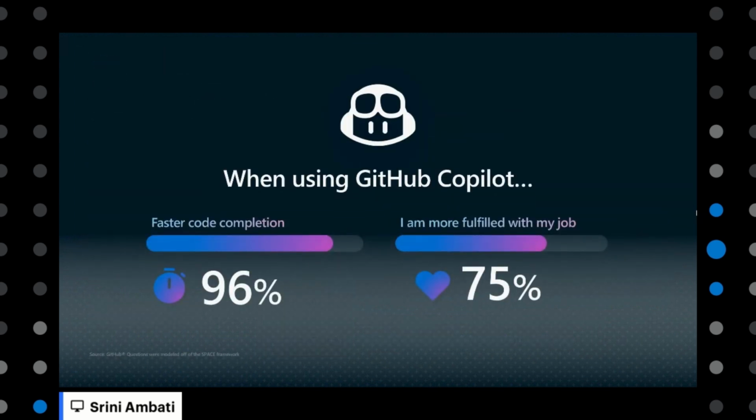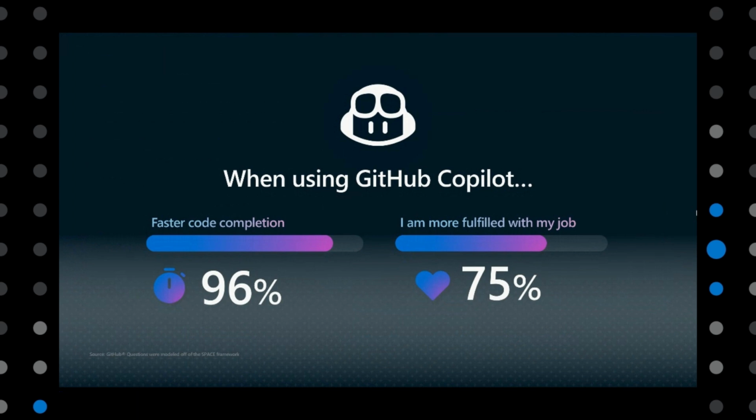When I say productive, what we have learned is that 96% of the developers who started using GitHub Copilot think they were able to code a little faster, and also 75% of them are more fulfilled with their job.